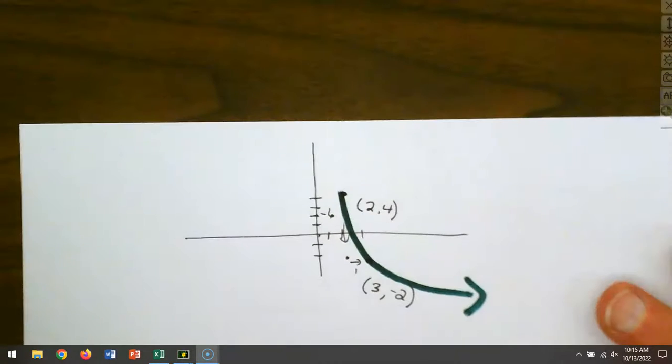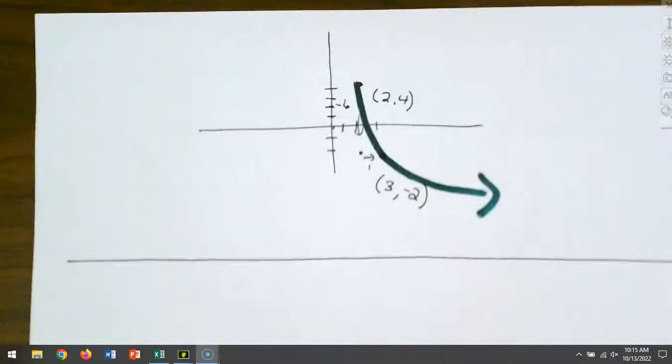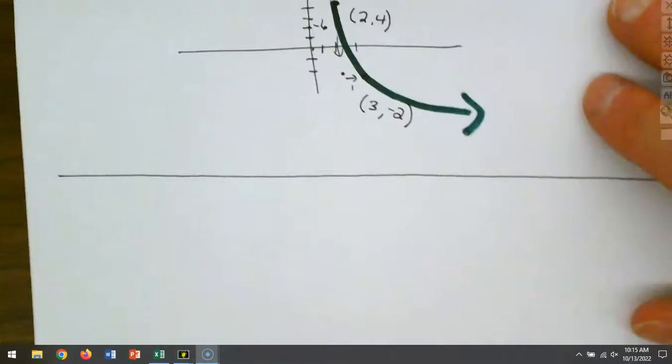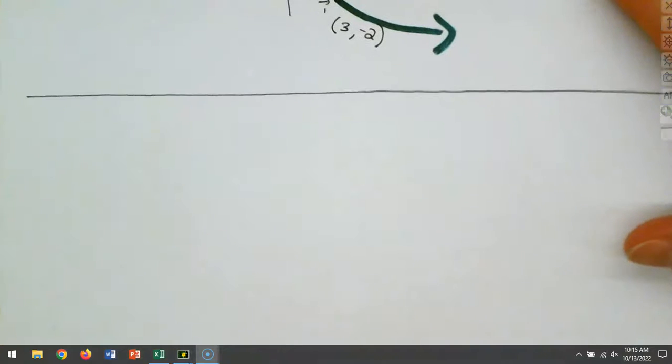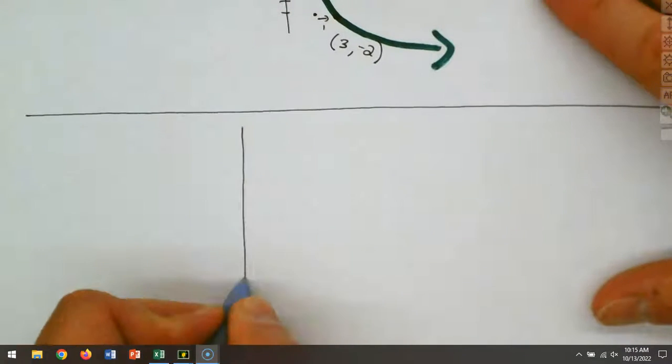Now I'm going to give you a graph, and I'm going to have you figure out what you think the equation is. So I'm going to give you a graph now, and you're going to have to figure out the equation that it came from.